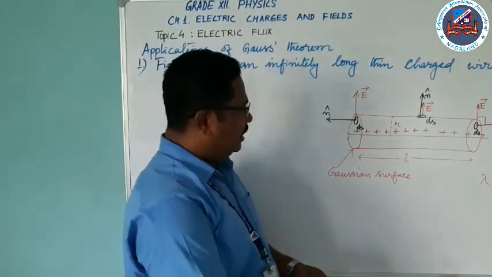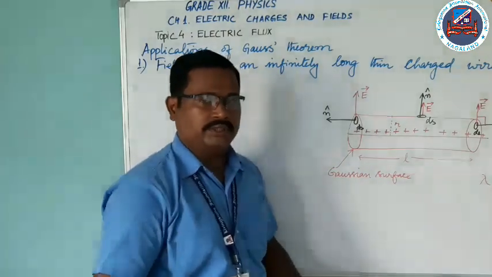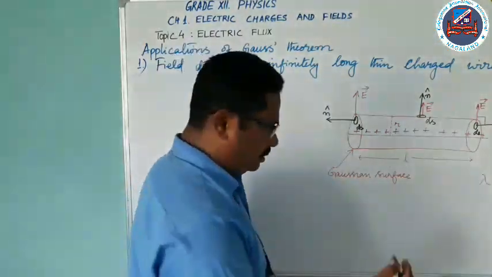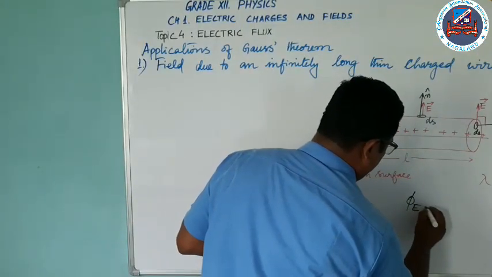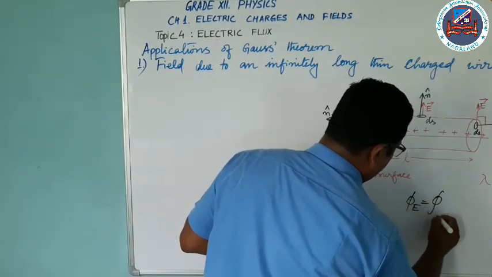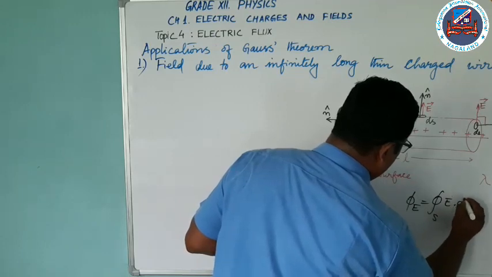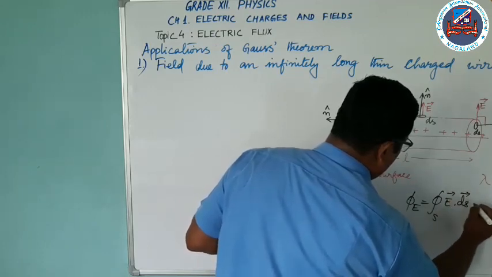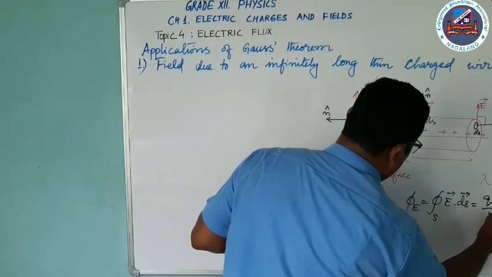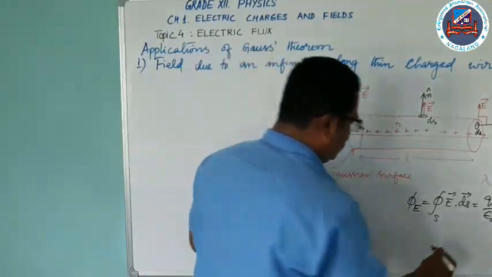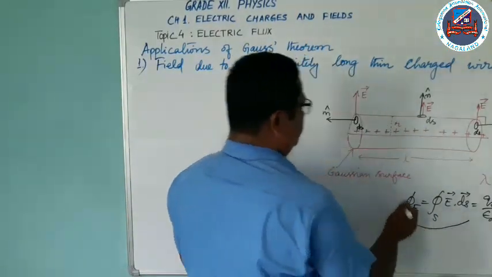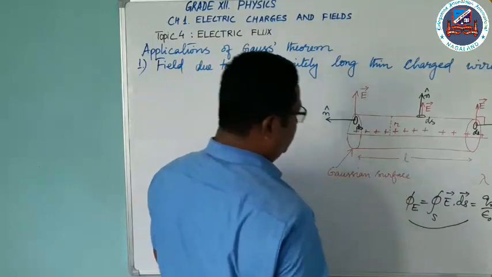Now to use Gauss's theorem, first of all, recall your Gauss's theorem. Electric flux phi E is equal to the surface integration of E dot ds, is equal to net charge divided by epsilon naught. This is your Gauss theorem. First, you have to find the electric flux for the three surfaces.